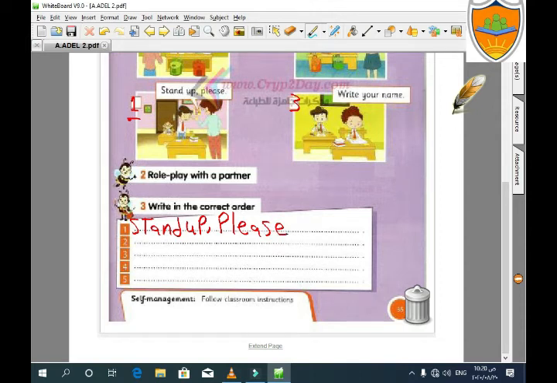Number 2, sit down, please. Number 3, 4, and 5, we will copy these sentences in this space or this part.